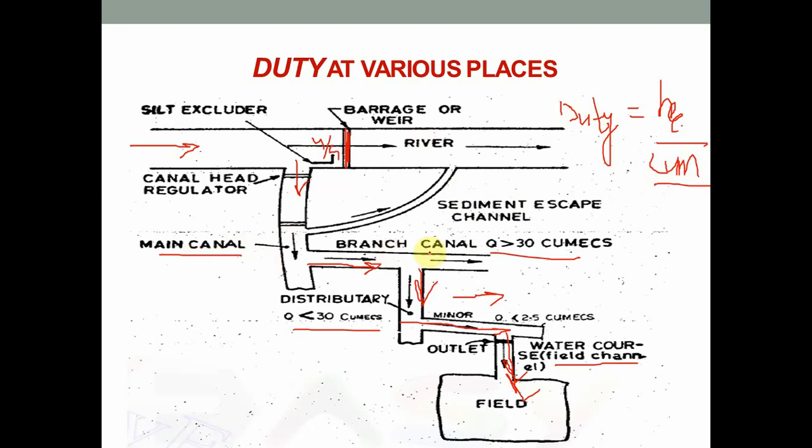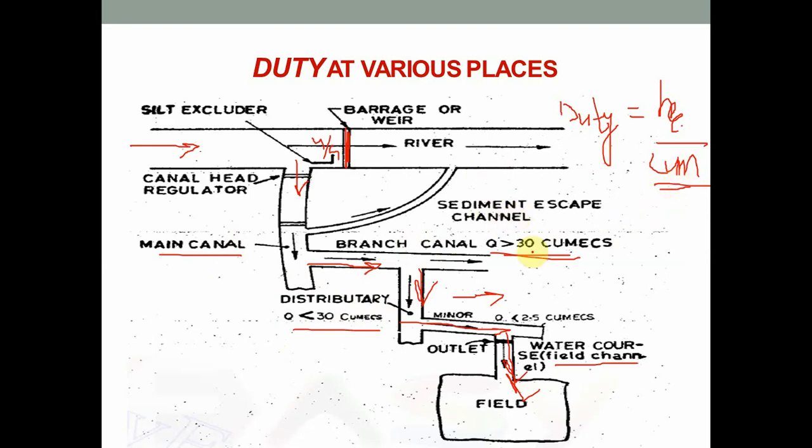In the branch canal, here the discharge reduces. Now as the discharge will reduce, duty will increase. So in the branch canal, the duty will be greater than in the main canal. Similarly, if we go to the distributary channel, here discharge becomes less than 30 cubic, that is discharge is reduced, and as discharge reduces, duty increases.